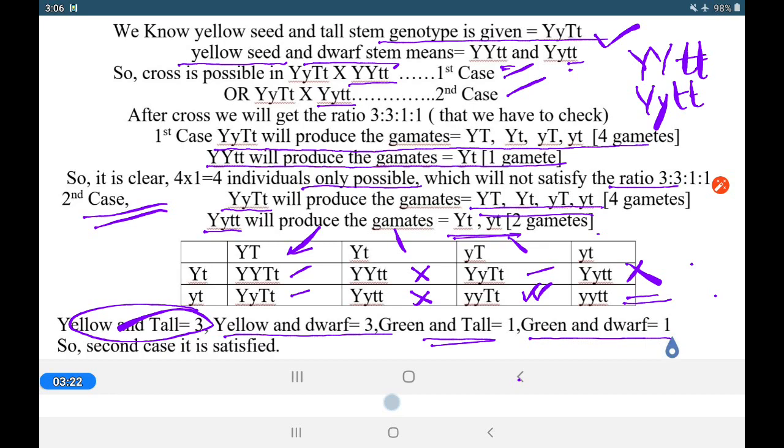So it is satisfied. The second case is satisfied, and you have to explain that in this case the yellow is heterozygous, and in that form it is satisfied. In this way you have to solve this problem.